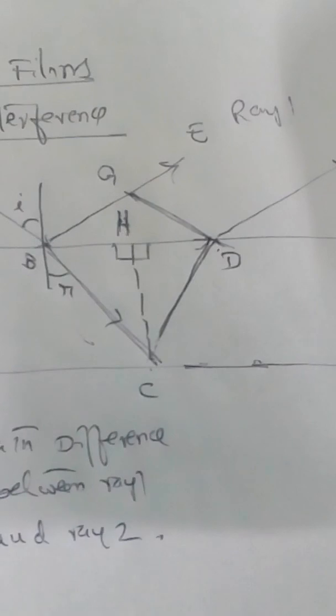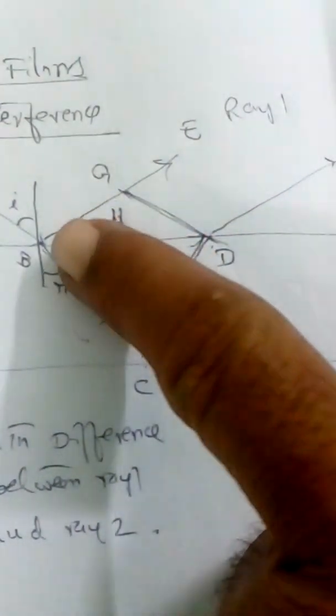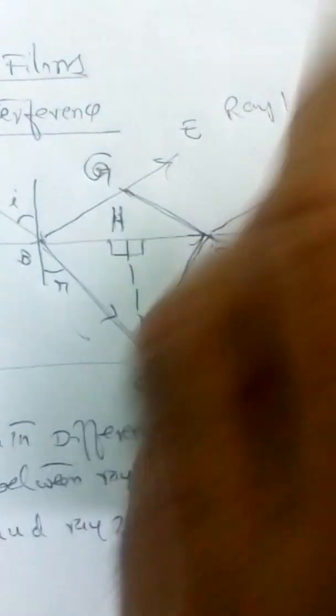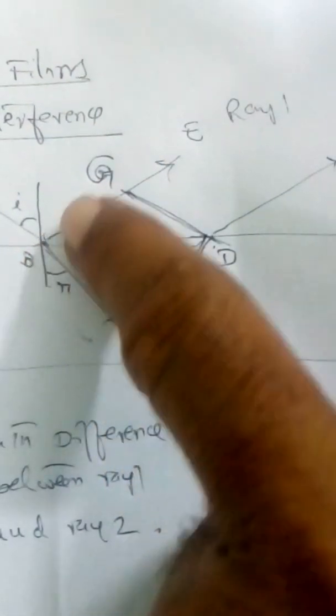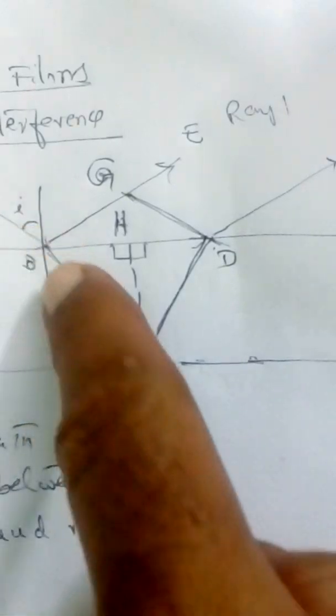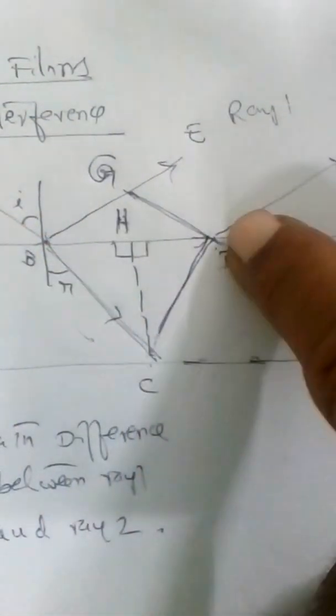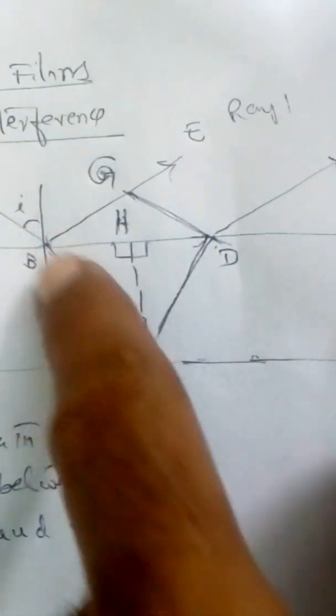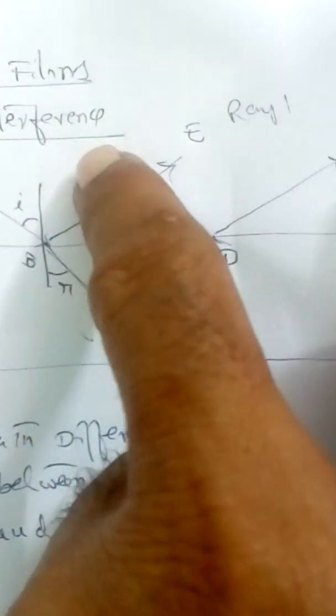As explained to you earlier, by the time the ray travels from B to G, this is G, the transmitted ray has to travel from B to C and C to D. So this is much longer. So path difference is this difference.